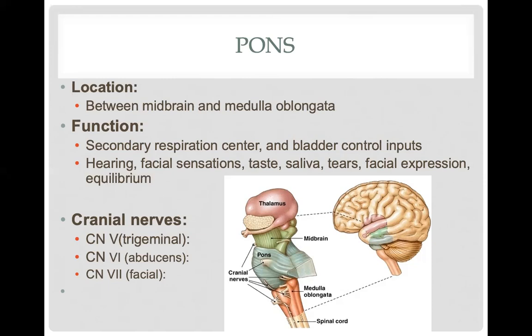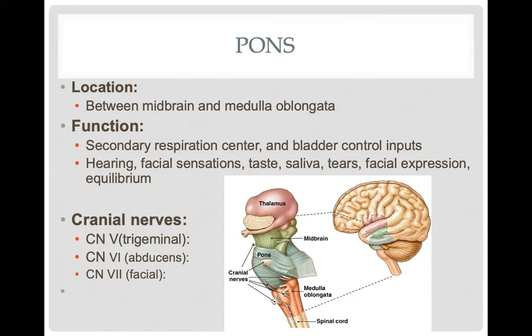What is the function of your pons? So function of the pons, and again, this is just kind of literally brushing over the functions. It acts as your secondary respiration center. So it works very closely with your medulla oblongata to help you maintain your respiration. Hence it is part of a secondary respiration center.